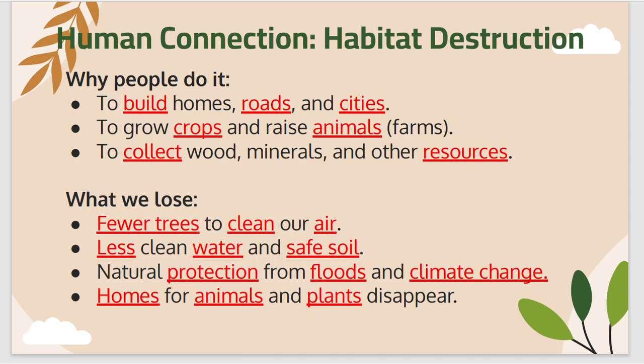So there's definitely major consequences, but sometimes people may feel that what we gain, the resources and the homes, are worth more than what we lose. But these are major, major consequences here.